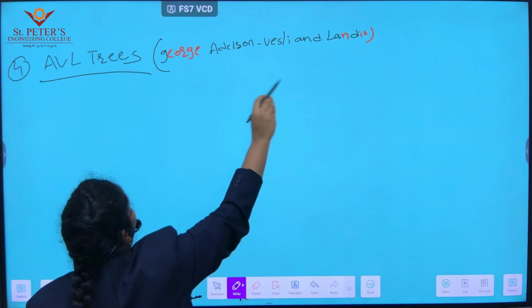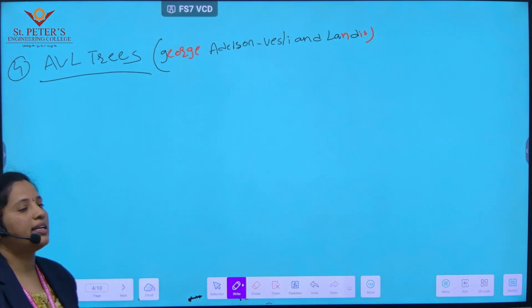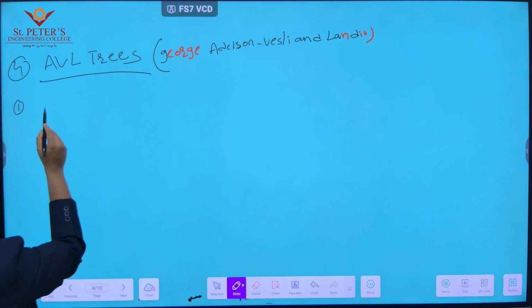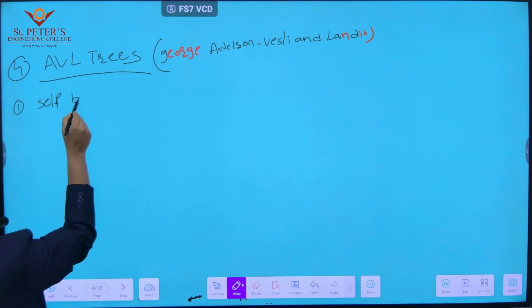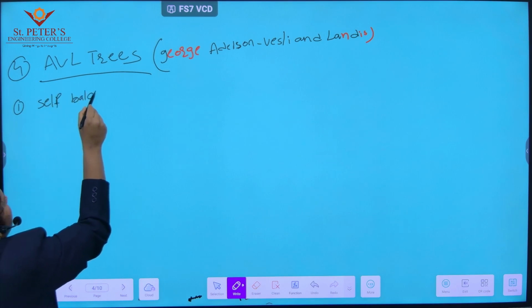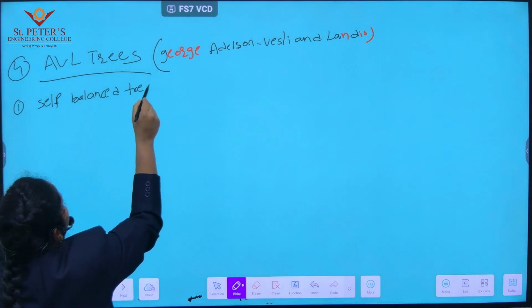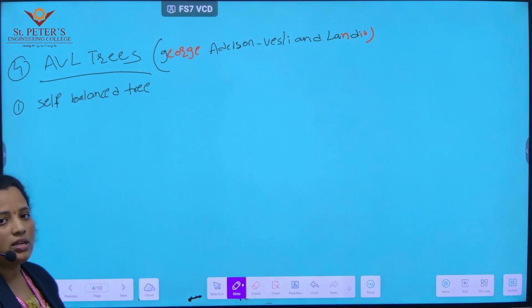These three people invented the AVL tree. So what is meant by an AVL tree? The AVL tree is a self-balanced tree.